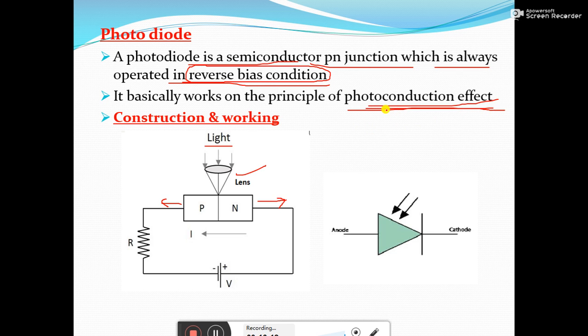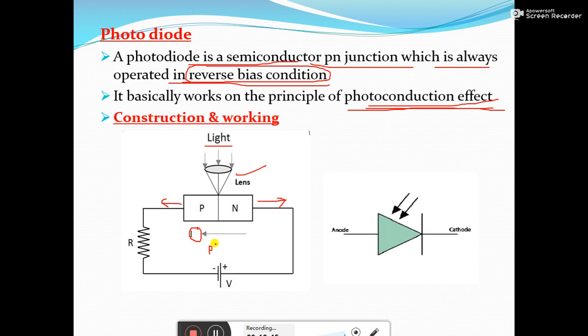The number of electron hole pairs generated at the junction depends upon the intensity of the light. Due to the increased minority charge carriers, the reverse current which flows in the opposite direction increases, and this reverse current is referred to as photo current.